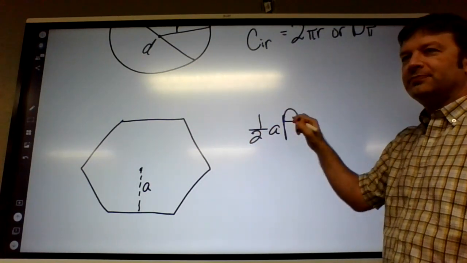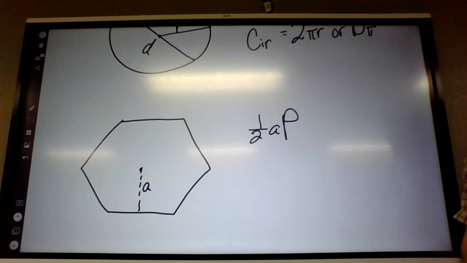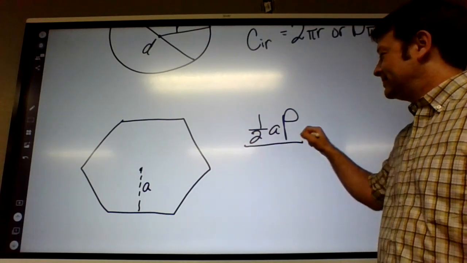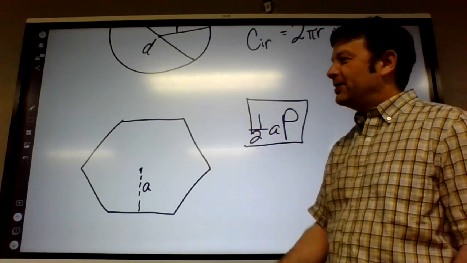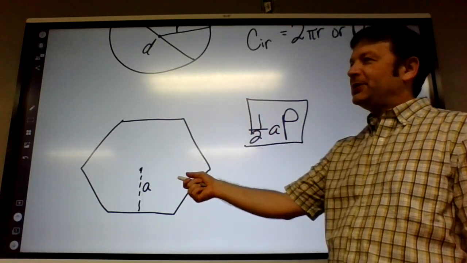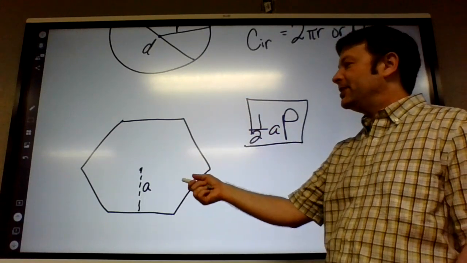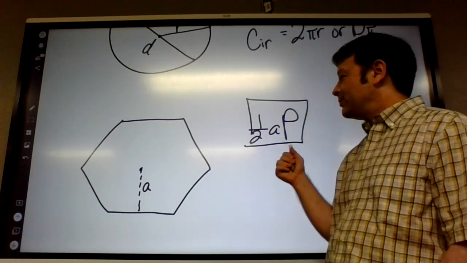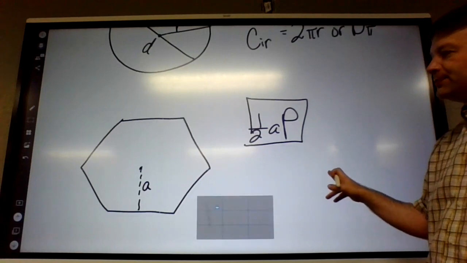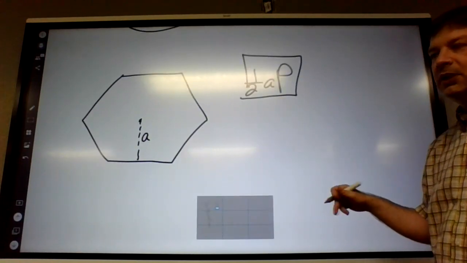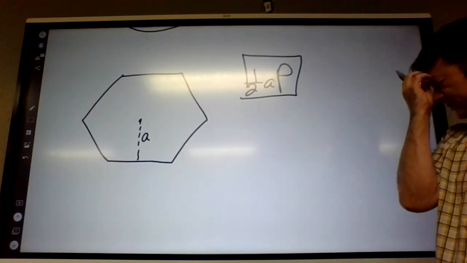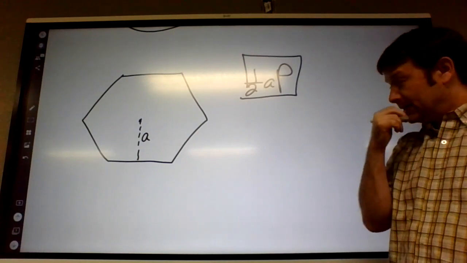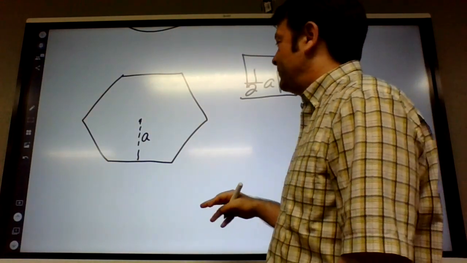This last chapter we actually learned a different way to do it with the trig, but if you know the apothem and the side, this is probably the easiest formula. Could we have done that last chapter? Yes, we could have. It depends on what info you know.